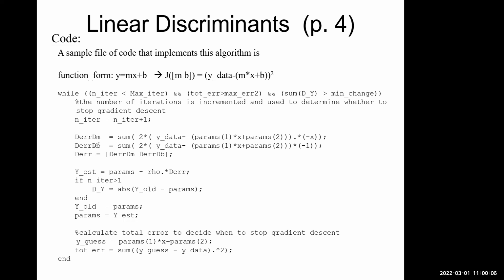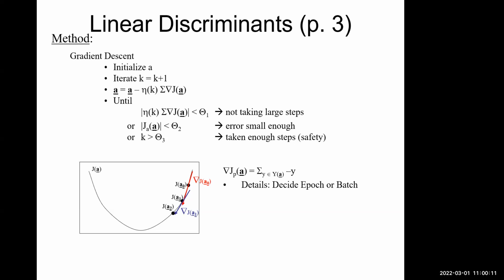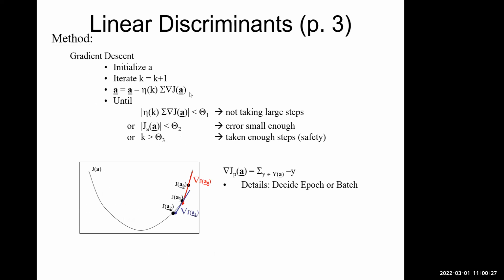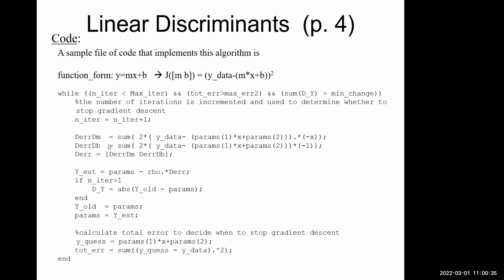We then take those combined: that's the sum of your gradient, the sum of your gradient. Put those two sums together, you get your gradient sum. We're then going to update our estimate by our step size times the sum gradient. Update our estimate, with parameters m and b, by our step size and our gradient.